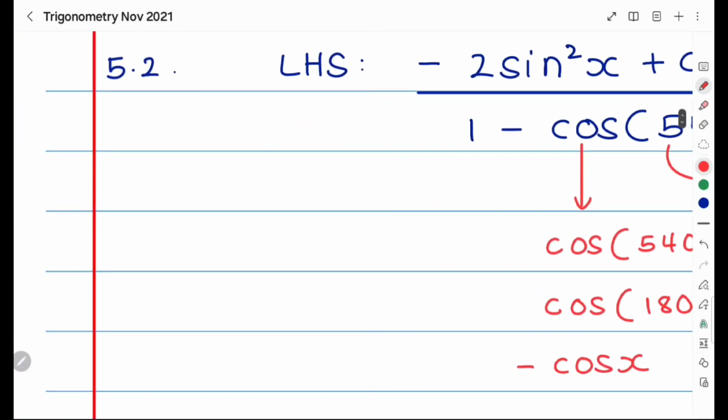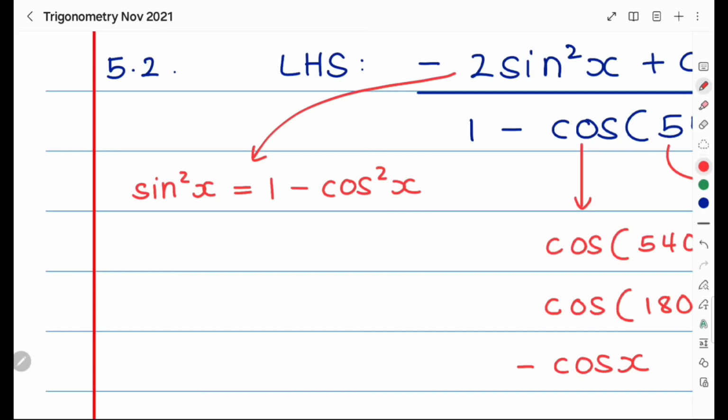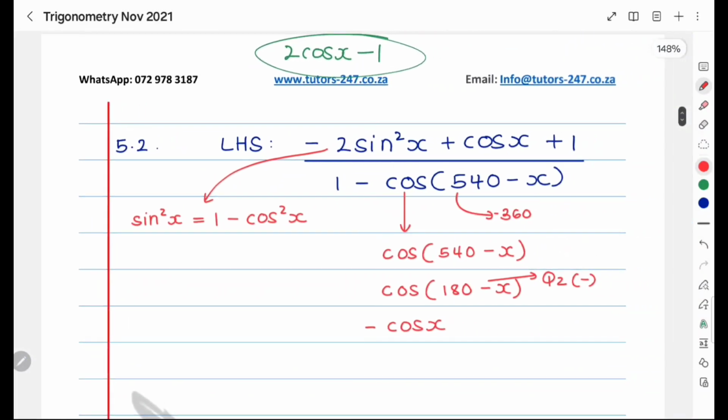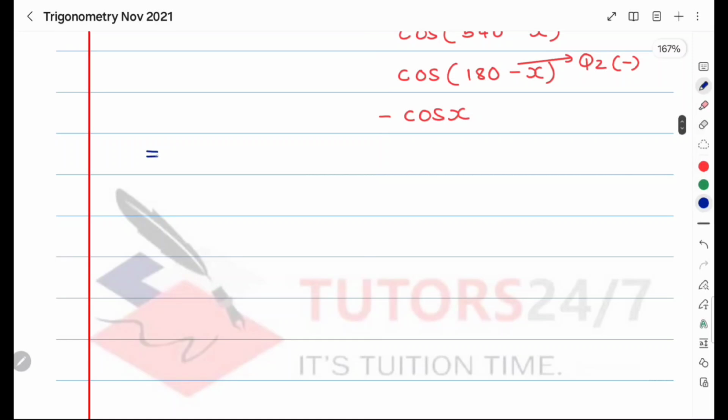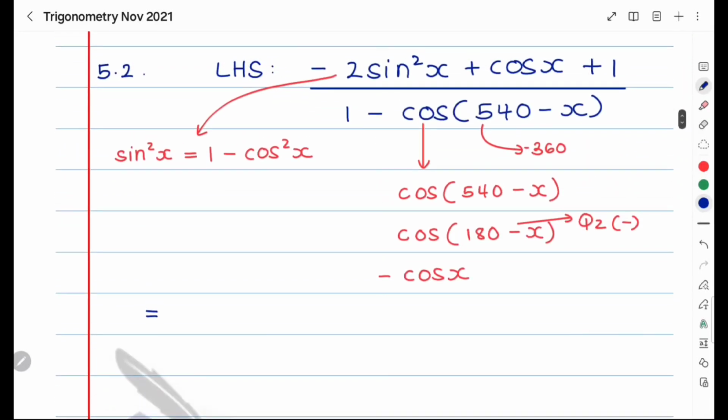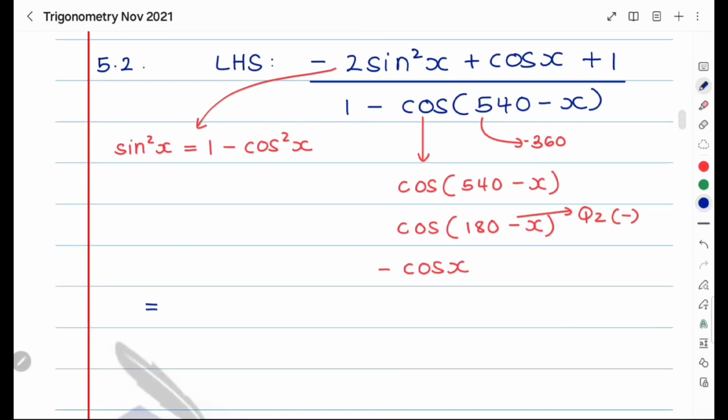So here we know that sine squared x is equal to 1 minus cos squared of x. That is an identity. So let us write this out. We are still busy with the left-hand side. Now, this sine squared of x, we are going to replace with 1 minus cos squared of x.